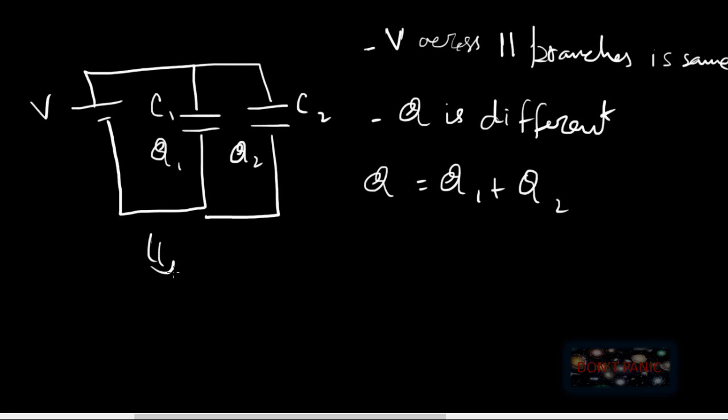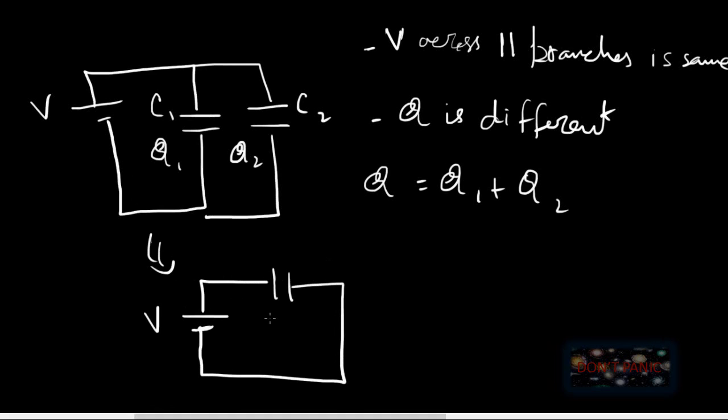Same thing, this circuit you can replace by a simpler circuit having the voltage of the battery and some equivalent capacitance that we don't know. This is going to have some charge Q on it, and the voltage is going to be the voltage of the battery because that's the only voltage source.